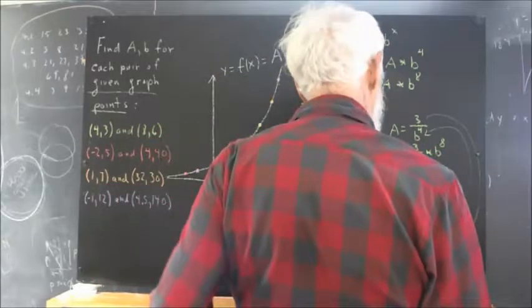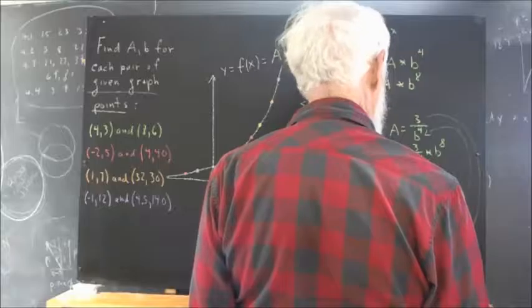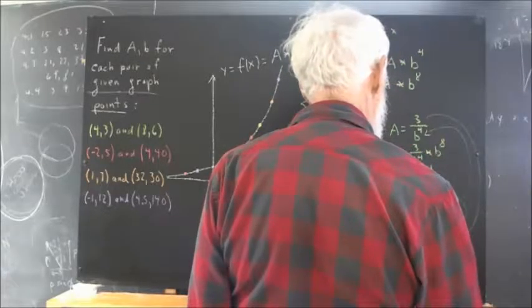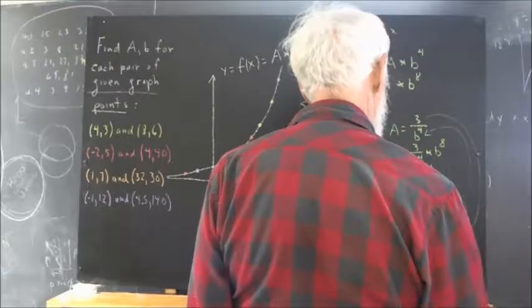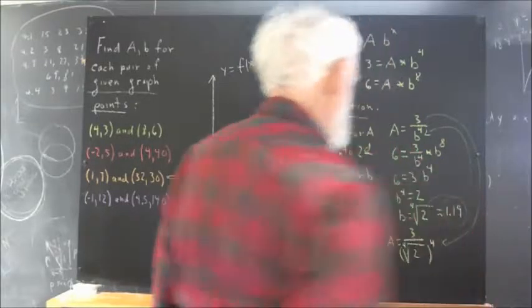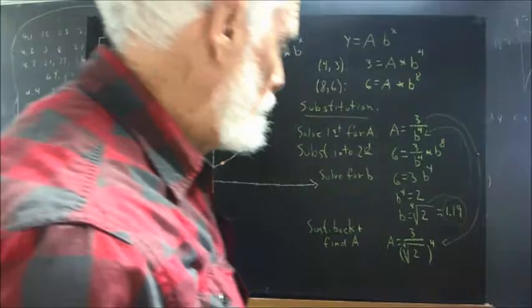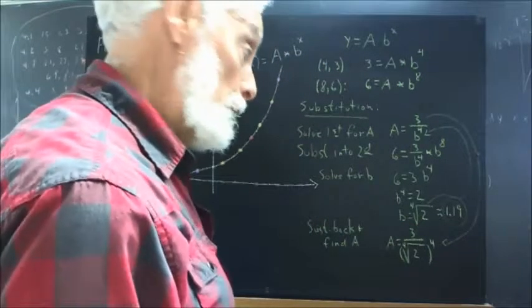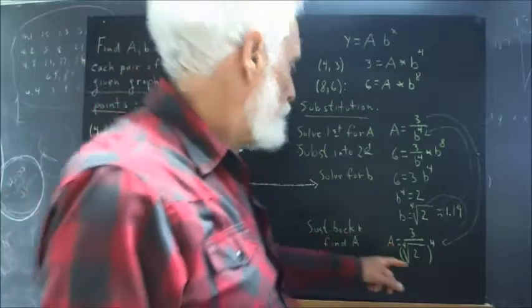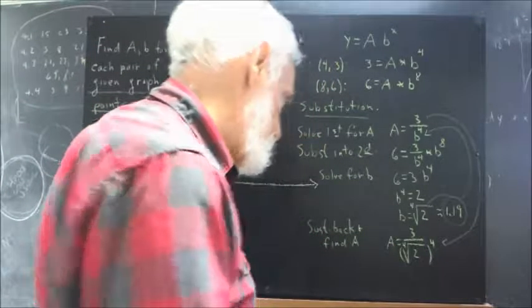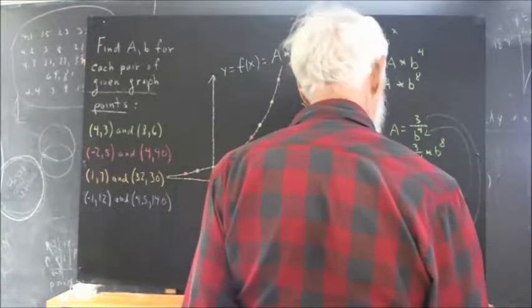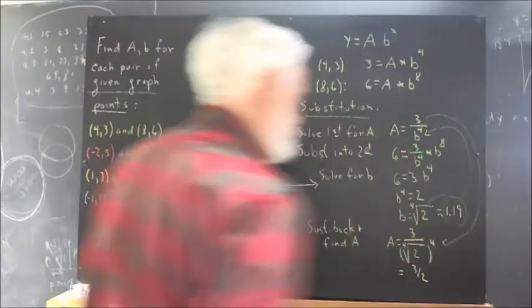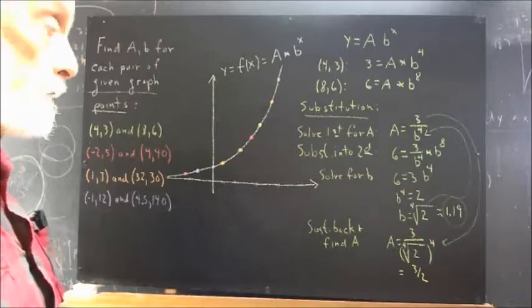I get 3 over the fourth root of 2, put that raised to the fourth. And you see why I didn't want to put the 1.19 in there, or whatever the number would be, because this is going to come out real nicely. And we find that A equals 3/2.